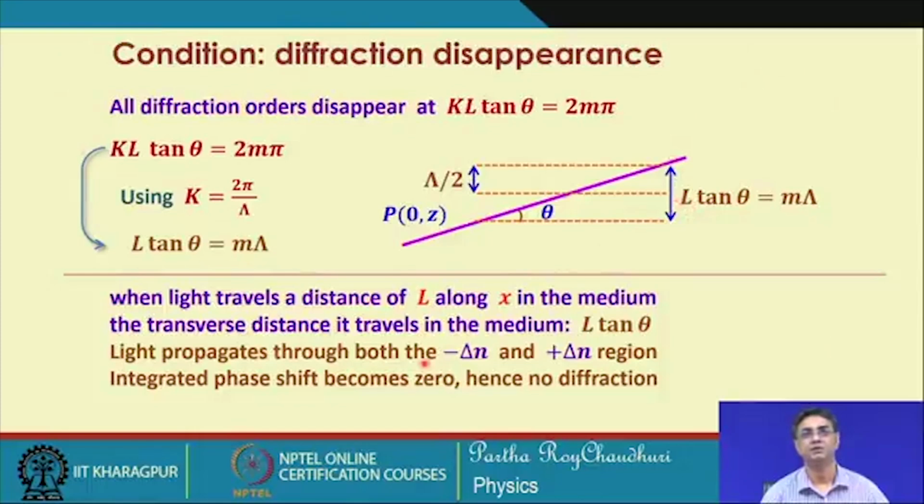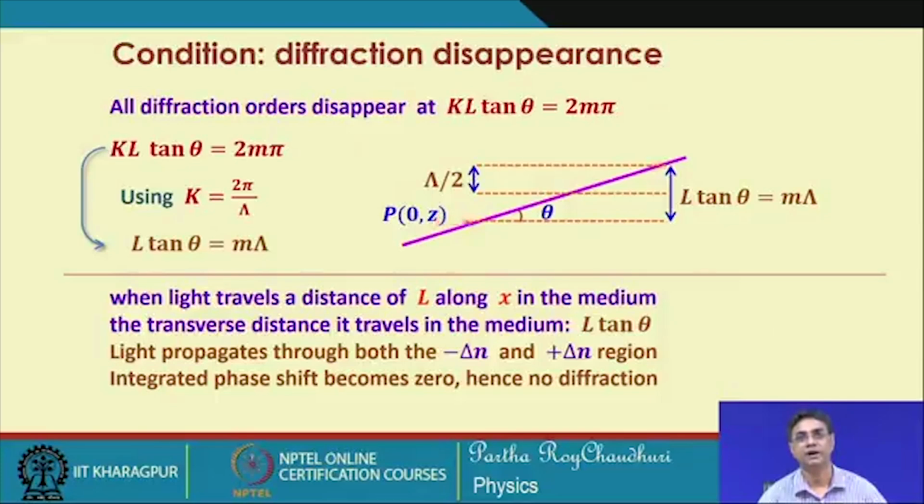Light propagates through both minus delta n and plus delta n. You see, if it corresponds to one period, then it has started travelling from the peak position, which is the negative peak, that is minus delta n, let us suppose that, and when it appears, then at this position the peak is plus delta n.